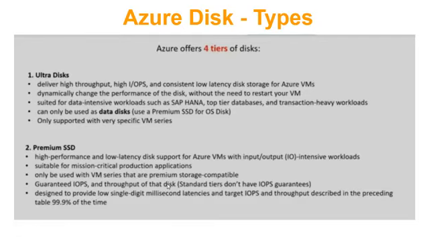So whenever some applications will have some high risk, in that case you can use premium SSD, and it will handle the application very smoothly. It can only be used with VM series that are premium storage compatible. So whenever you have a premium storage compatible VM series, in that case you can use premium SSD, else you will not be able to use this premium SSD. And it provides guaranteed IOPS and throughput of the disk.